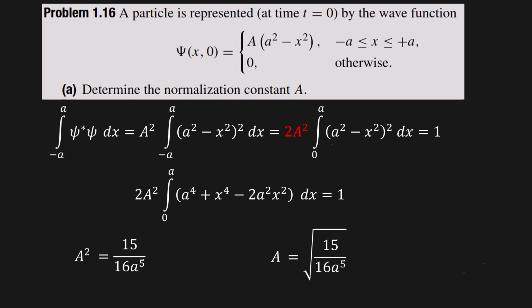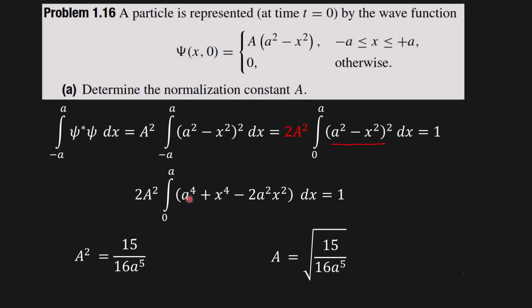(a squared minus x squared) whole squared, which is like (a minus b) whole squared, a squared plus b squared minus 2ab, that is a power 4 plus x power 4 minus 2a squared x squared, dx.